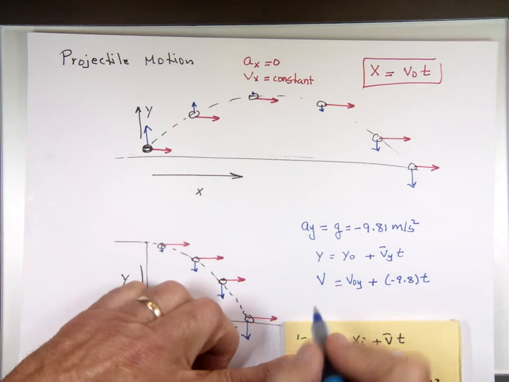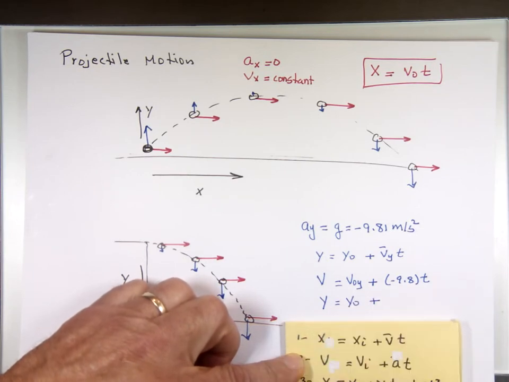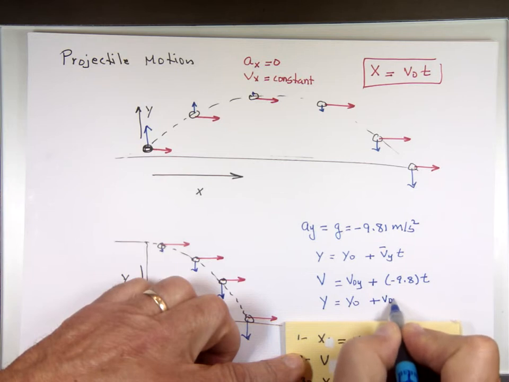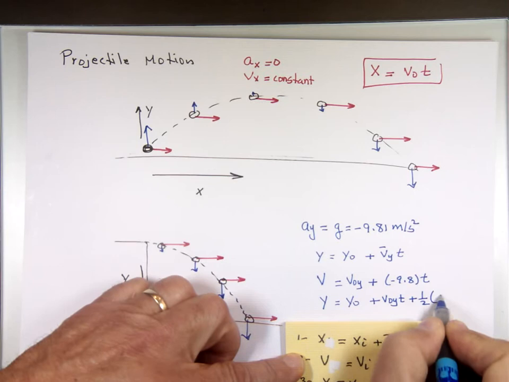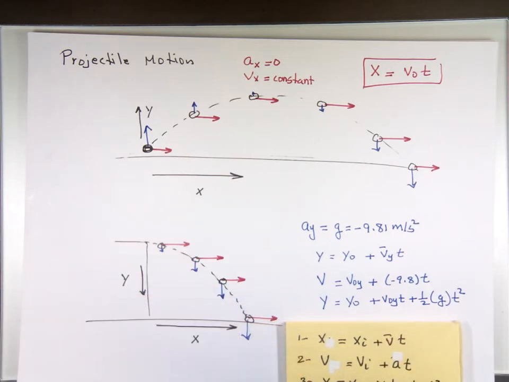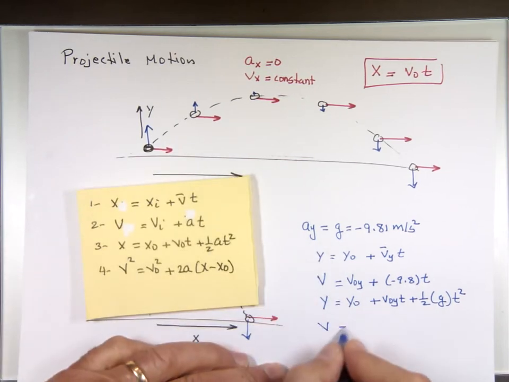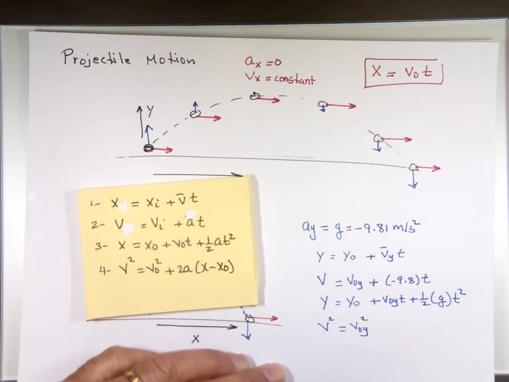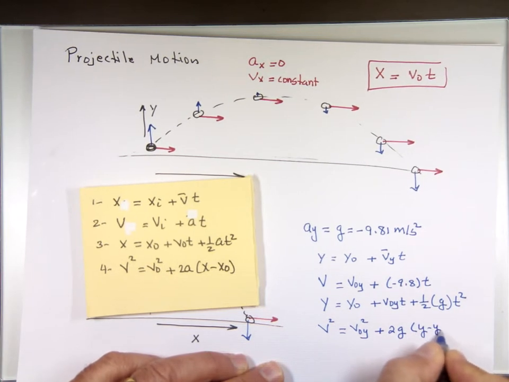The third equation will say y equals y sub 0 plus v0 in the y direction times t plus 1/2 the acceleration, which is g, times t squared. And the last one, v squared equals v0 squared plus 2g times y minus y sub 0.